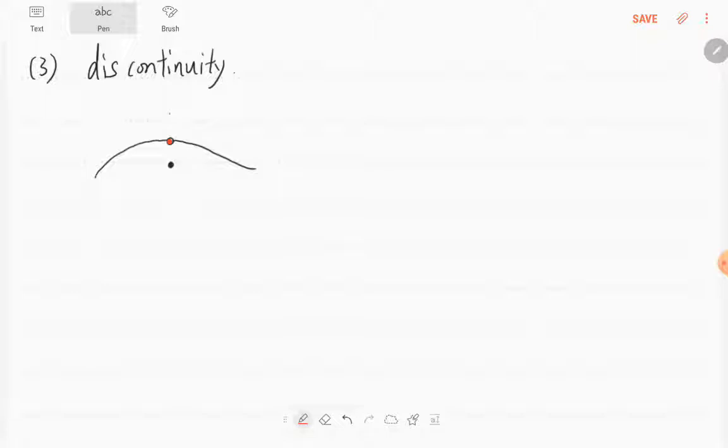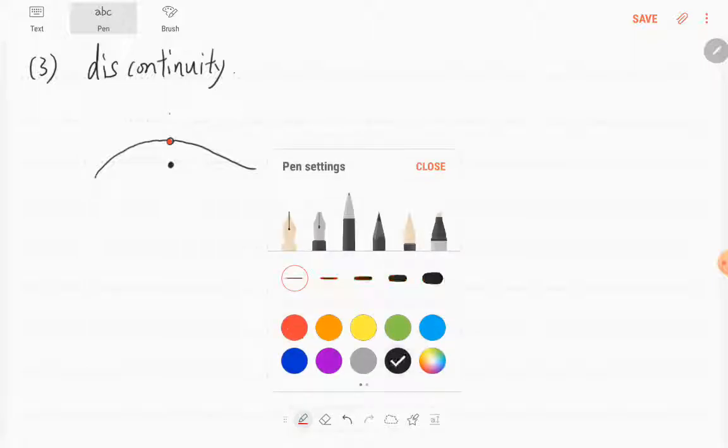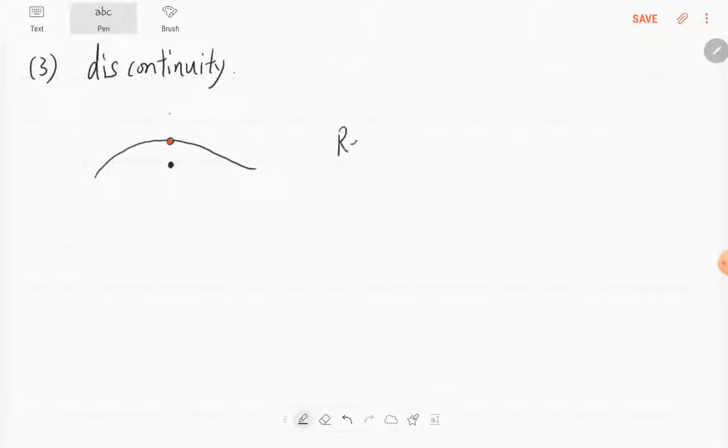So this kind of discontinuity is called removable discontinuity. That means you can make it continuous by just filling in the point.